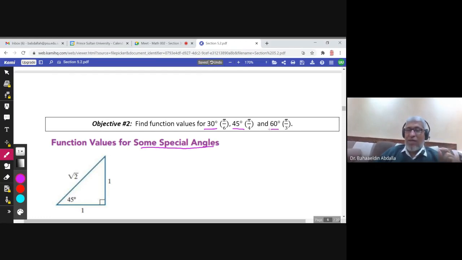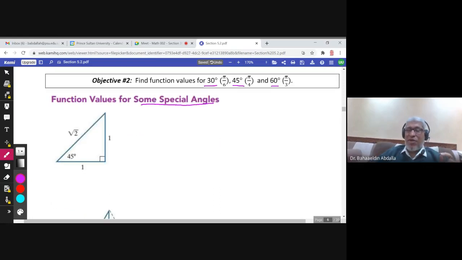These three angles are the special angles. Now we will learn a method to evaluate the 6 trigonometric functions of these angles without having a calculator.